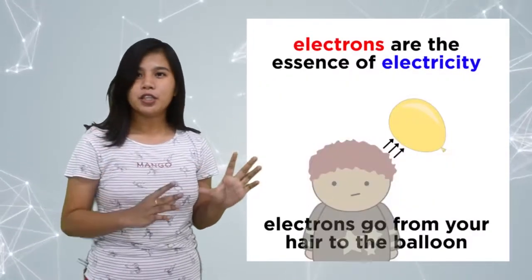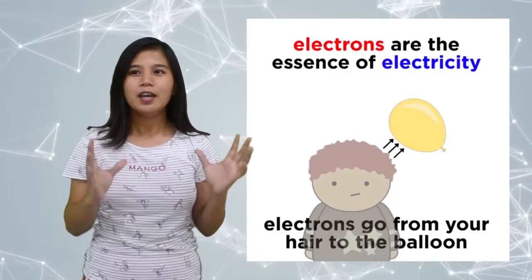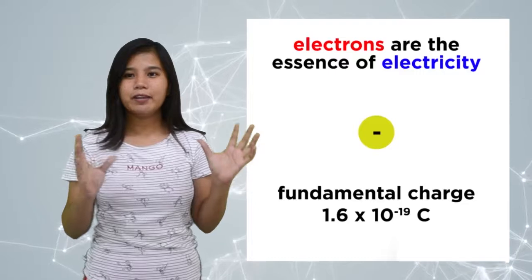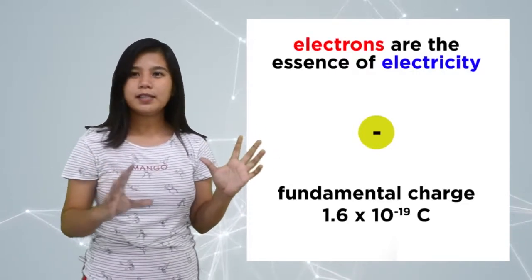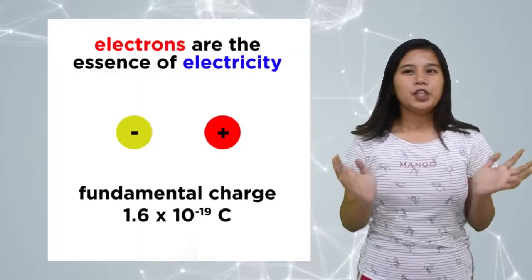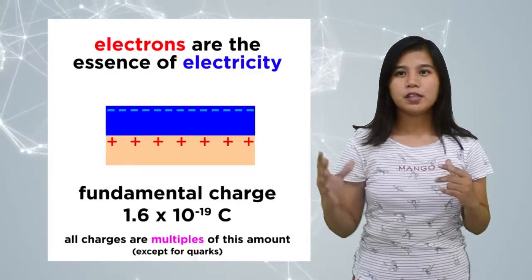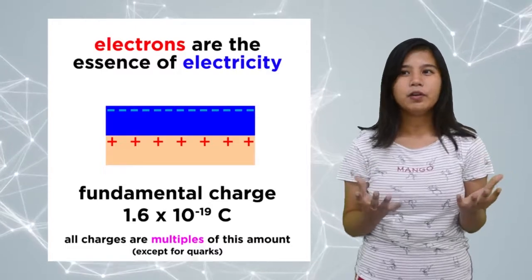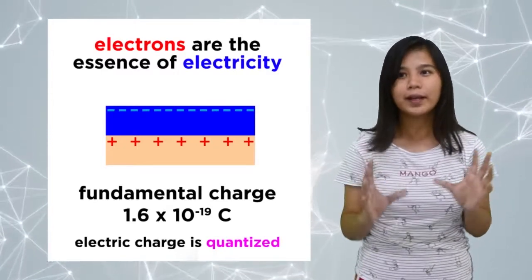Through triboelectrification, the rubbing of the balloon in your hair, it generates electric charge in previously neutral materials. Each electron carries a fundamental charge of 1.6 times 10 raised to negative 19 coulomb. This magnitude is negative for the electron and positive for the proton. All substances will therefore have a charge that is some multiple of this amount, meaning electric charge is quantized.